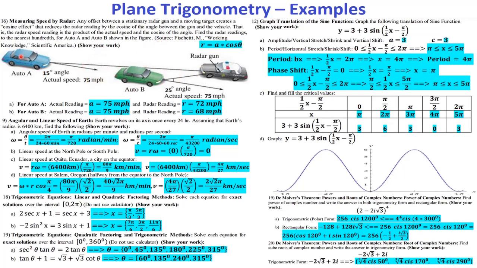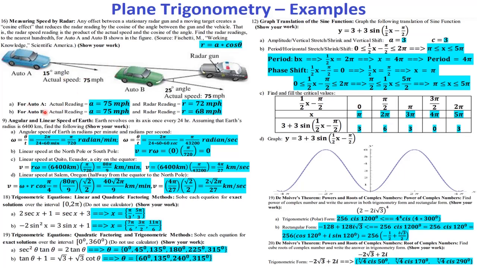So for example, if you have these two automobiles, they are traveling at the same speed, 75 miles per hour, then the police points the radar gun at these two vehicles. The radar reads this one at a 25 degree angle, and it reads this one at a 15 degree angle.